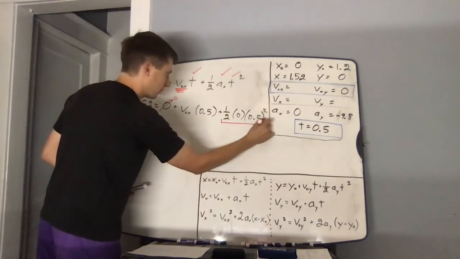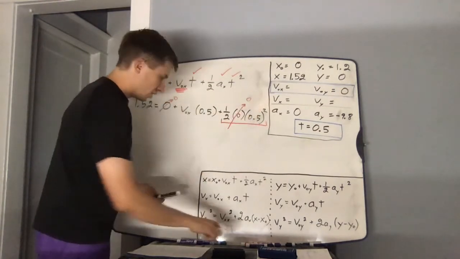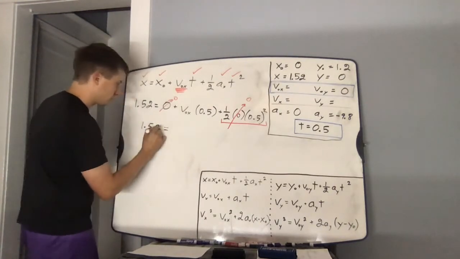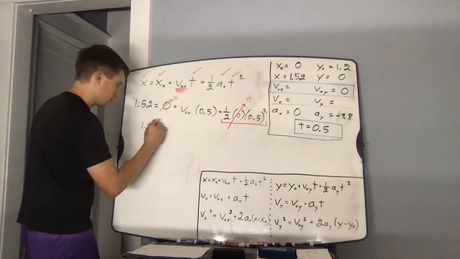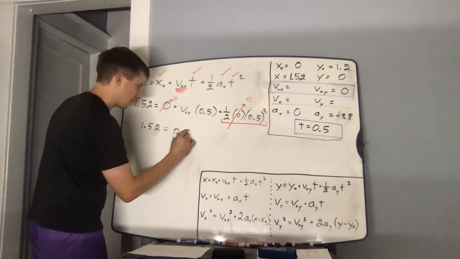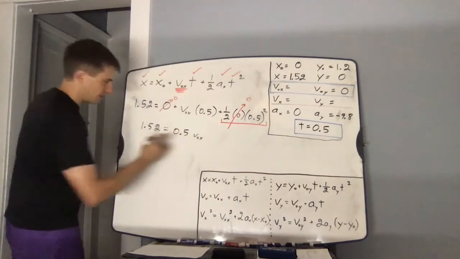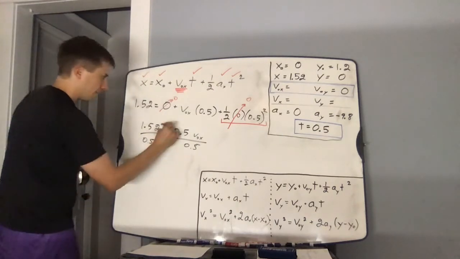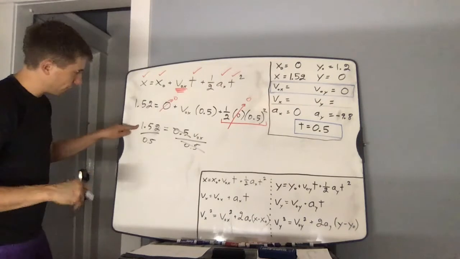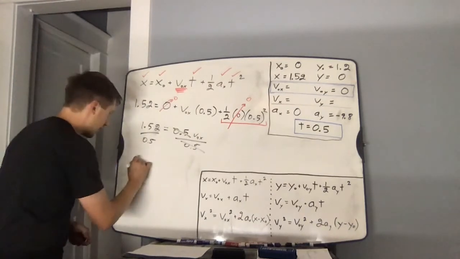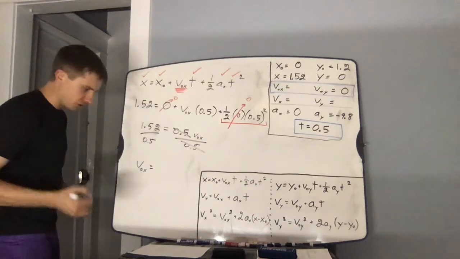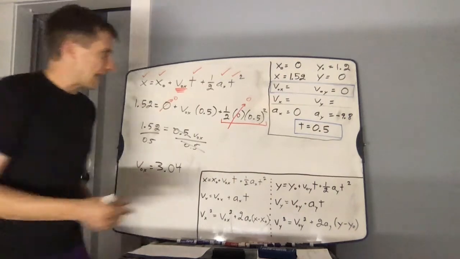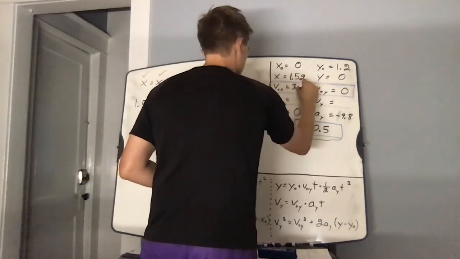This term over here is multiplied by 0. So what I'm left with is 1.52 is equal to 0.5 v initial x. And if I divide by 0.5, those two cancel, and I'm left with 1.52 over 0.5. I find v initial x is equal to 3.04. So I have v initial x is 3.04.